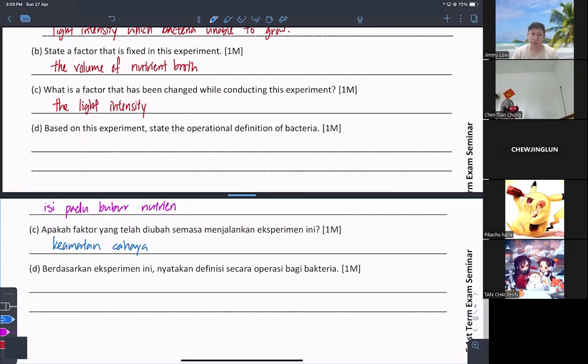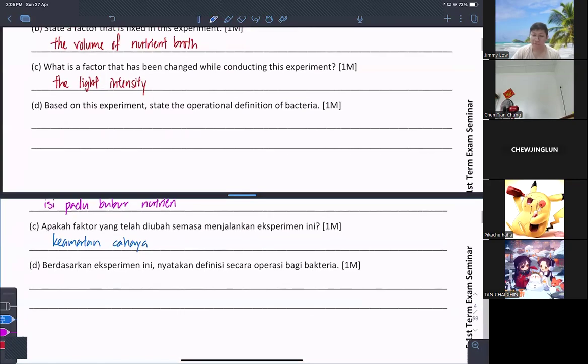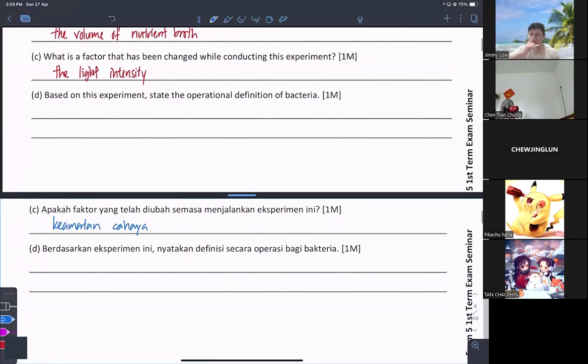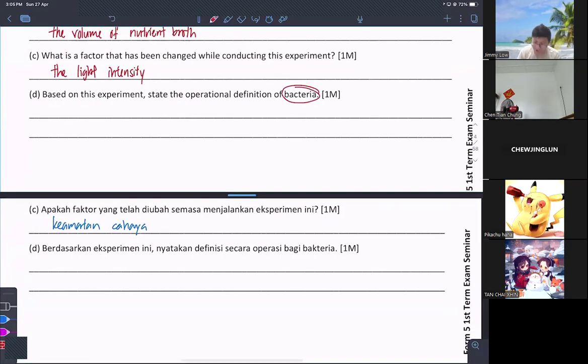All right. So the last one, when it comes to the operational definition of bacteria, you have to say, what is the object? Object plus subject. The subject is bacteria. So you apply this into the format, right? Bacteria is your subject. You ask yourself, what is bacteria? It is a microorganism. Bacteria is a microorganism that causes your observation.